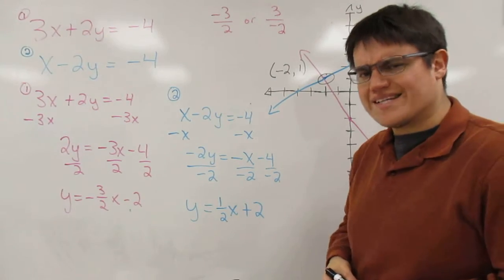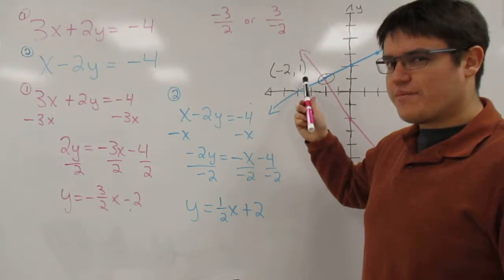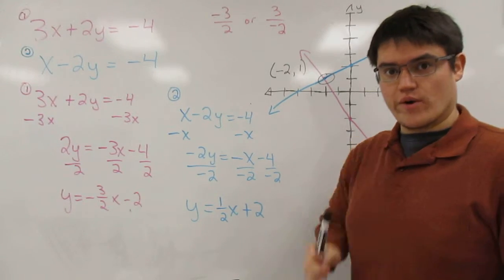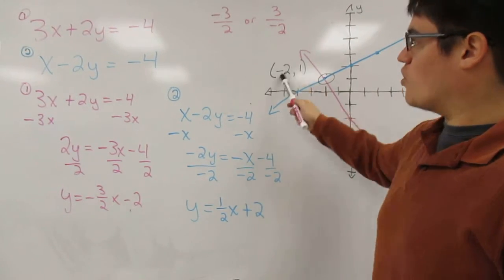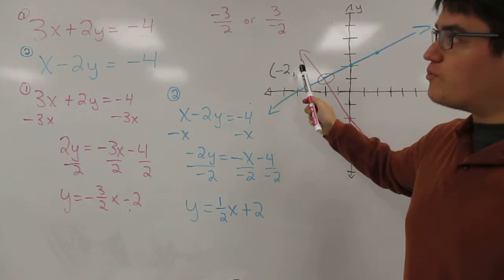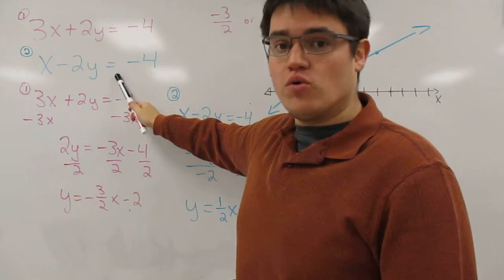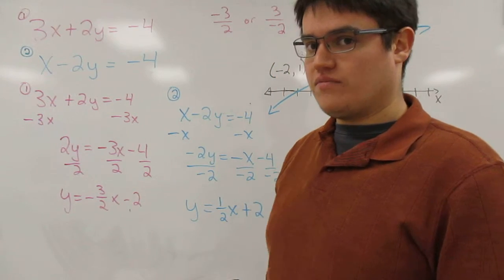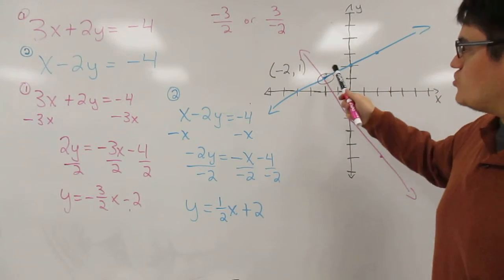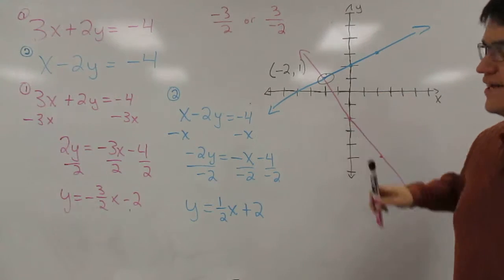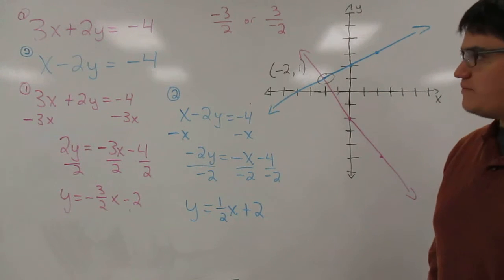But, Mr. Pons, what does that mean? Great question. Remember, this ordered pair is the only ordered pair that works for the pink and the blue at the same time. And if you think about that geometrically, that's where your two lines are intersecting.